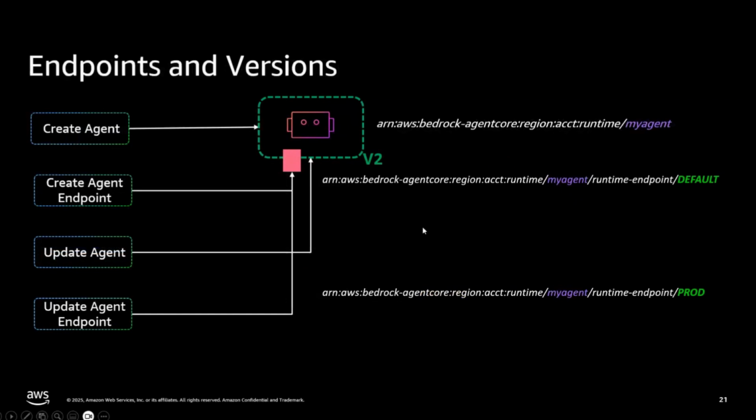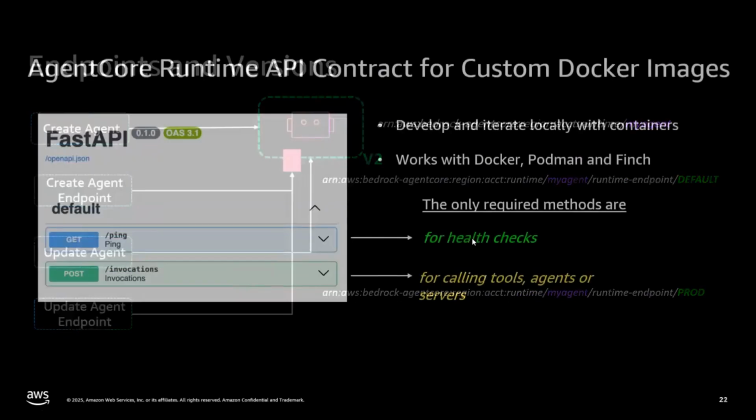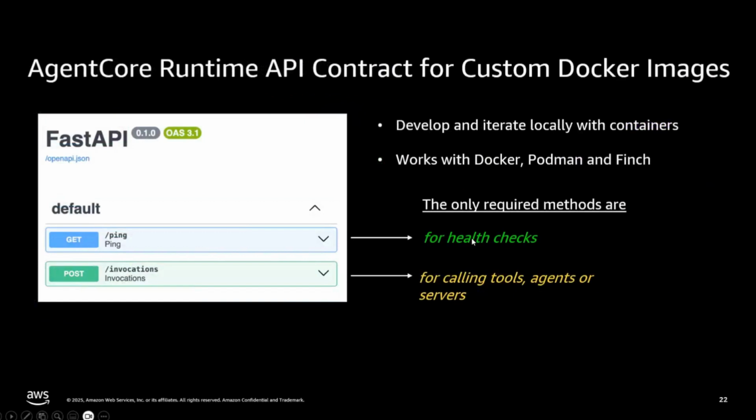Okay, so now that brings us to the next one being containers. In your case, you may not want to go through a standard process of auto-generating Docker containers. You might want to use your own containers that are already working, so you might just want to migrate over.